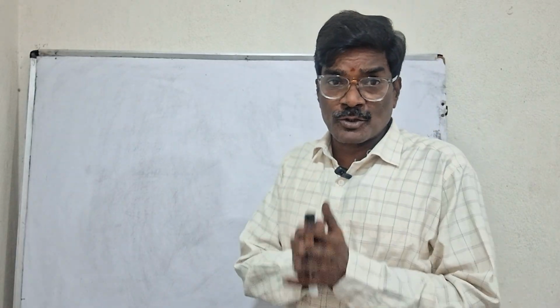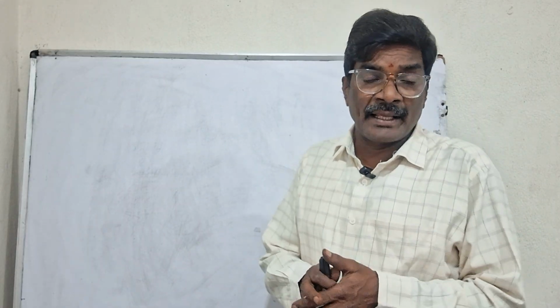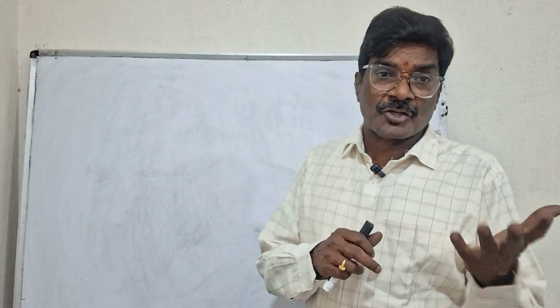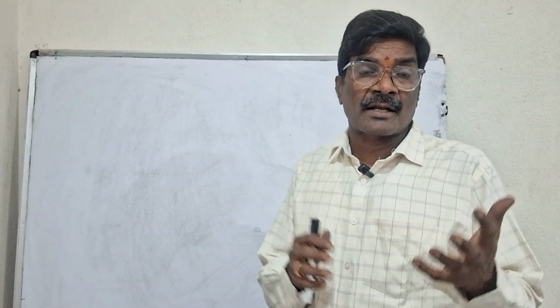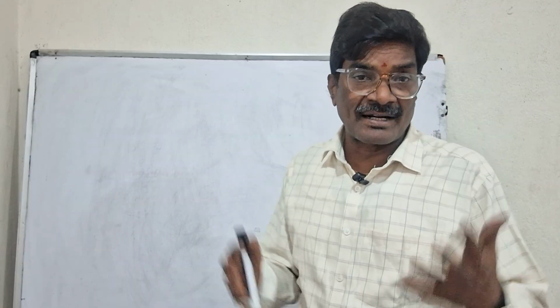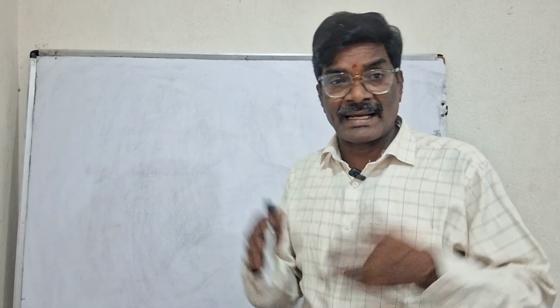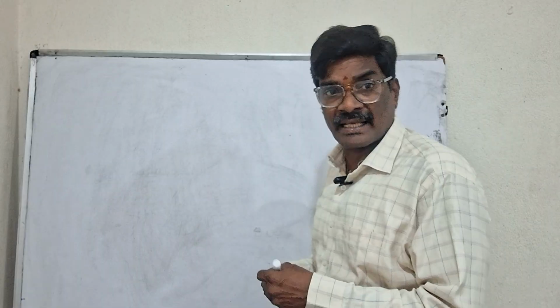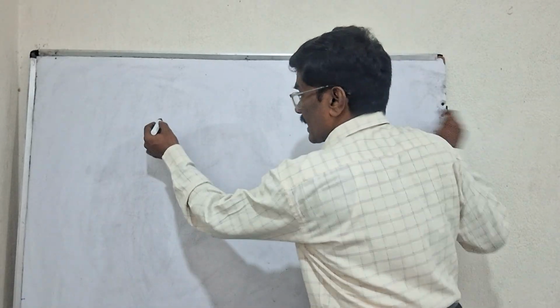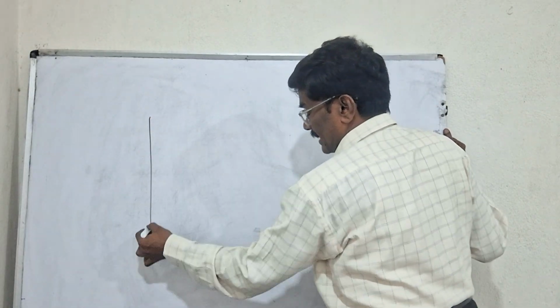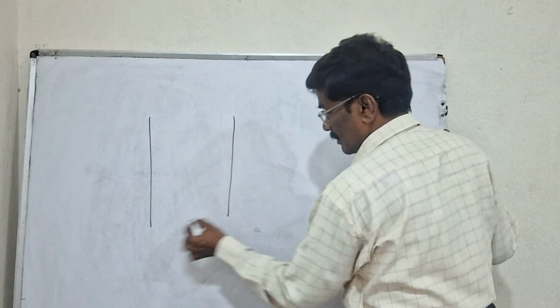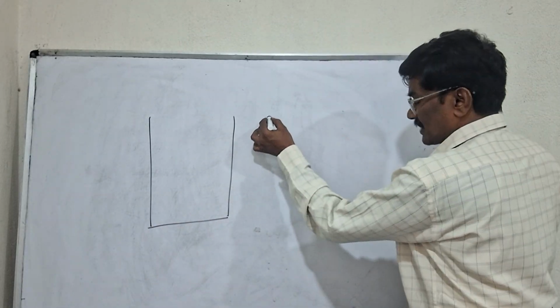So students must know this mechanism. Then only you can understand which electrochemical cells are good or better ones. Then we can compare. Now let us take once again an electrochemical cell, which contains two half cells.